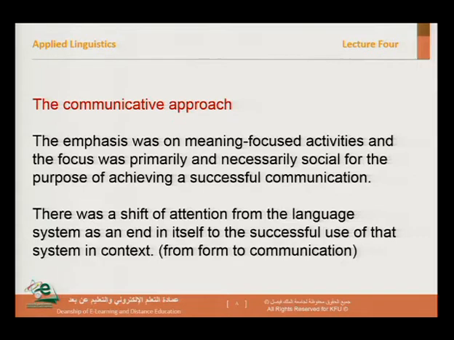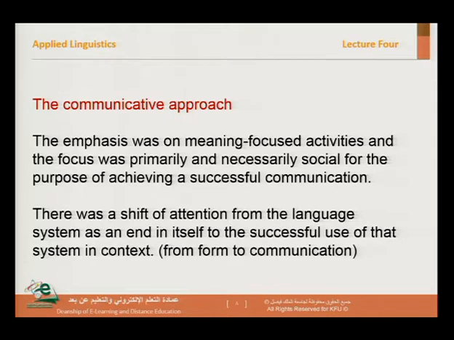The natural language learning was criticized heavily, and that's why this approach was introduced. It rapidly became, and still remains, the dominant orthodoxy in progressive language teaching.